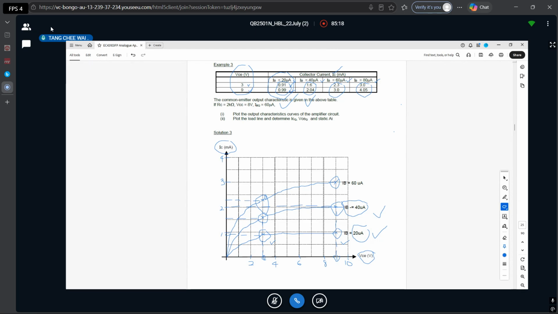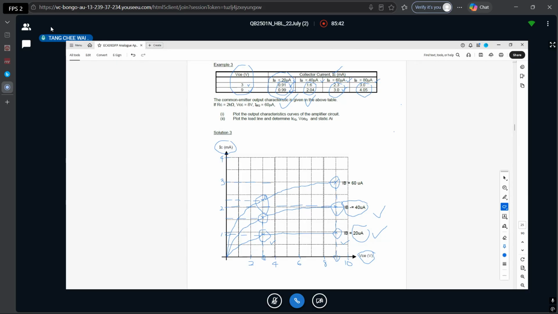Yes. Now move on to the VCE 9 volts again, which is here. I project up 9 volts upwards. And now you tell me my current is 3 milliamp there. Okay, 3 milliamp. So very easy, 3 is here. Then I just project off.